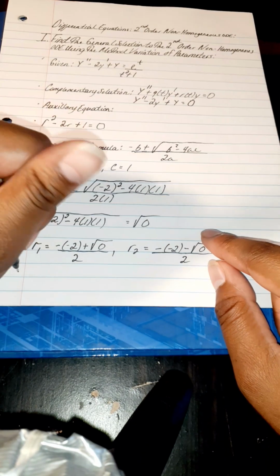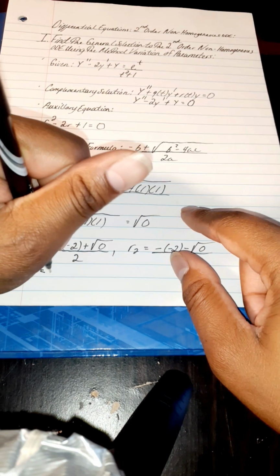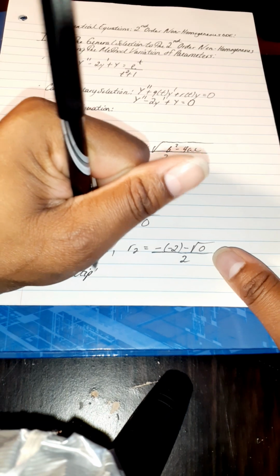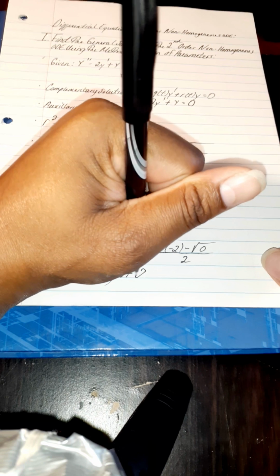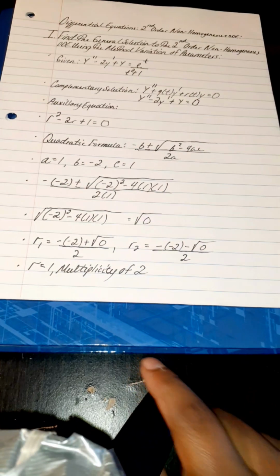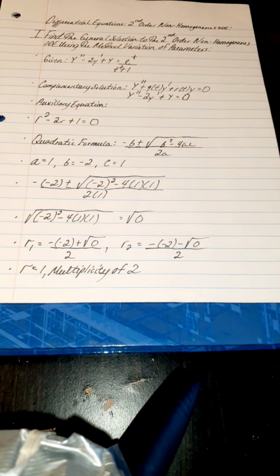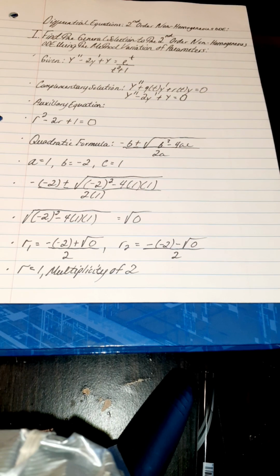And clearly, we're just going to get r equal to 1, but there's going to be a multiplicity of 2. Both roots will be 1, so we have a multiplicity of 2 for the roots. So that's the first thing we need to do, and we need to circle that.